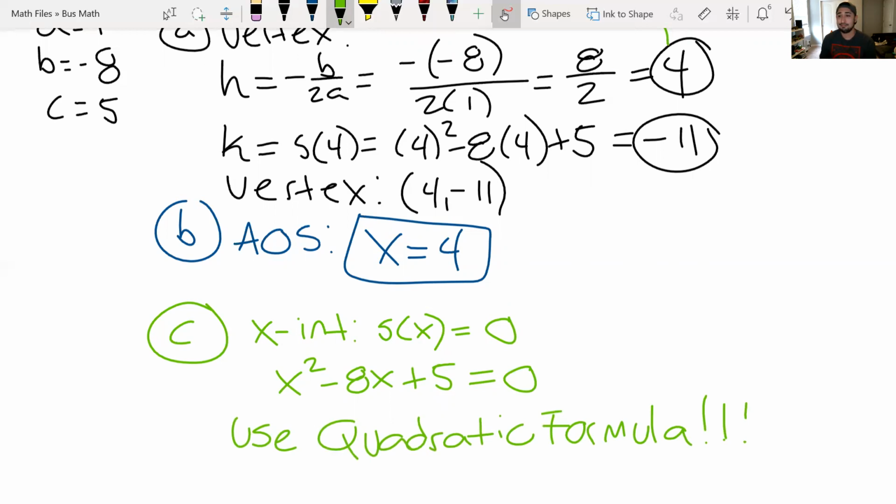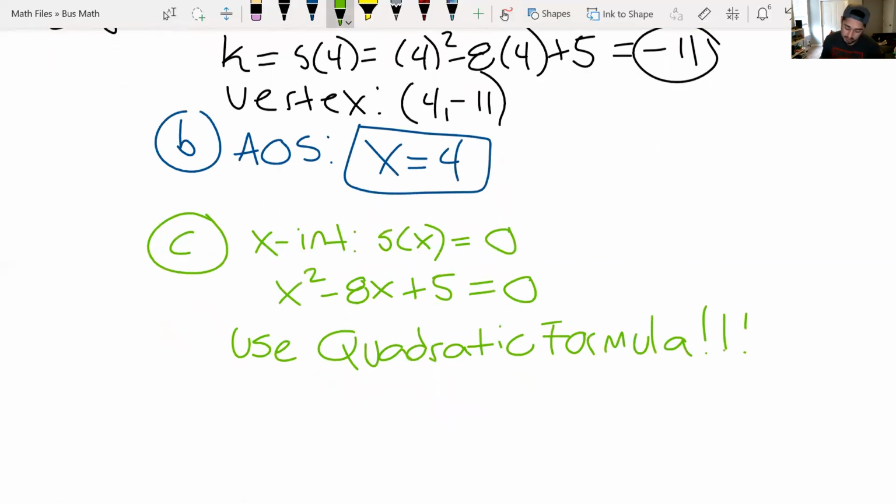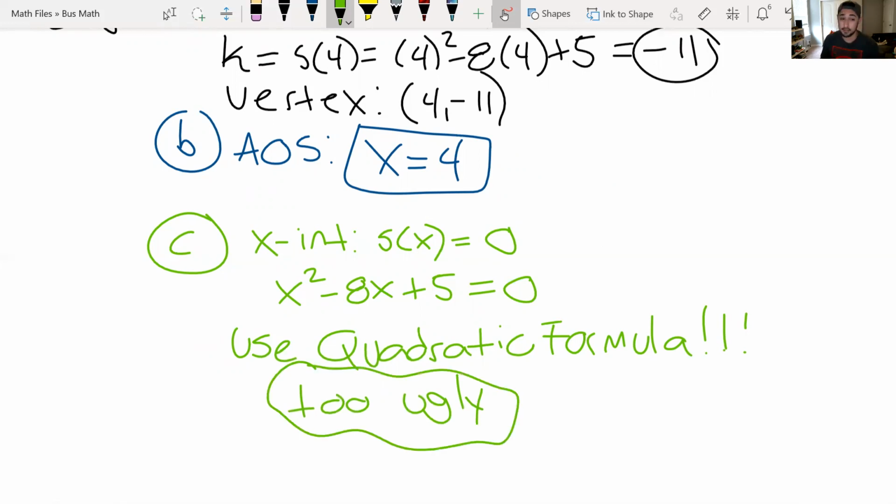Which we're not going to do. I'm going to save you some time. This is why I said axis of symmetry is your best friend. So with that being said, I'm going to put here that these x-intercepts are too ugly. And let's move on to the y-intercept. Just save you a bunch of time here.